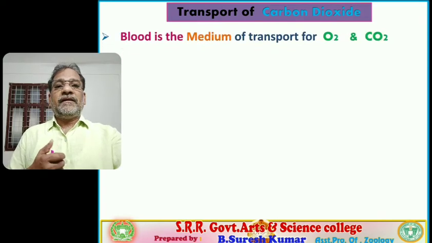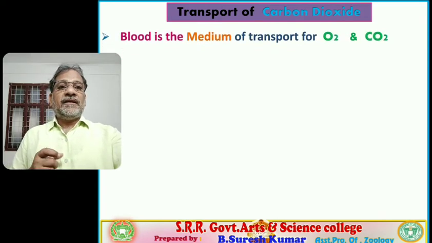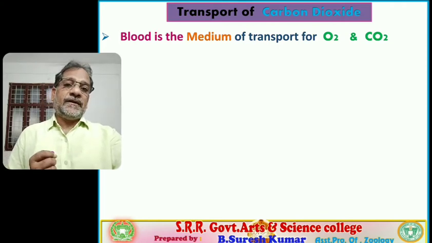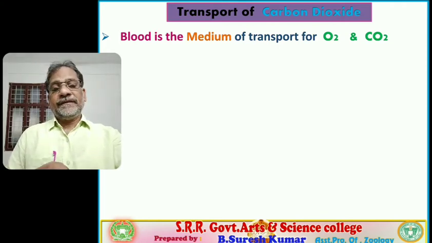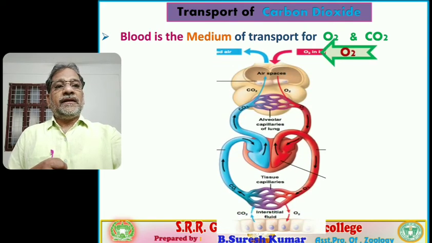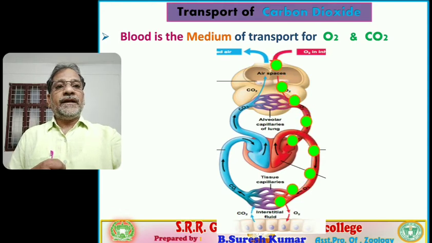Next, the blood is the medium of transport for oxygen and carbon dioxide. Already we learned this in the last class. So observe this visual. The oxygen contained in atmospheric air enters into the alveoli.